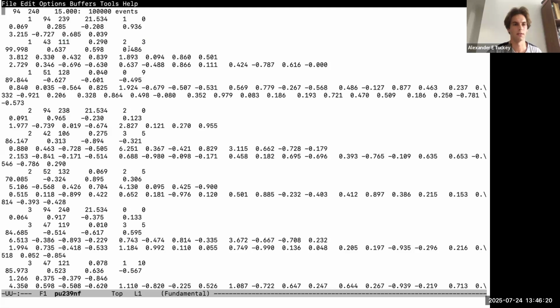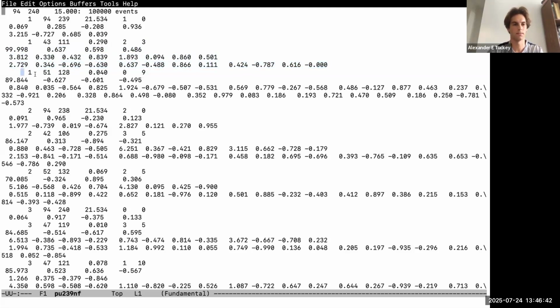So again, energy and momentum of the light fragment, energy and momentum of our 2 prompt neutrons. And then in this case, we did have gammas or photons. So here's the energy and momentum of those 3 photons.